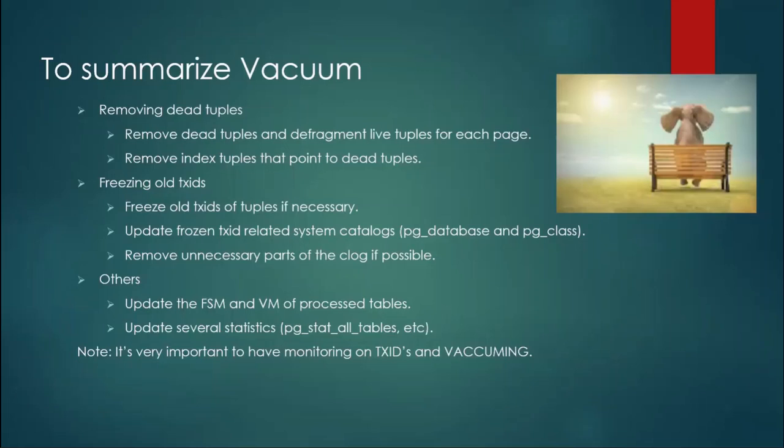Those alert warnings will appear in your PostgreSQL alert log file. It is very important to monitor your transaction IDs. It is proactive monitoring to avoid your database or table going into a hung state.